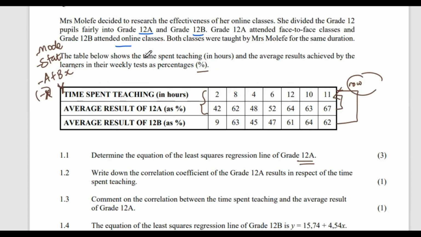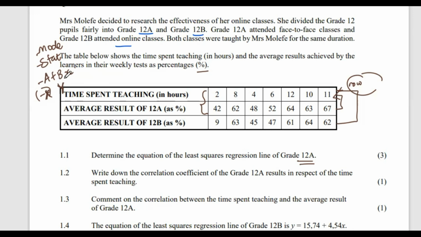Then we also enter the Y values, 42, okay, then we have a 62, and then a 48, then a 52, a 64, 63, and then a 67. So capture that.